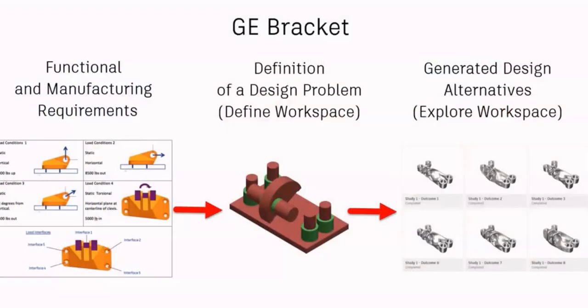So the first thing you have to do, and this works for any generative project that you have, is that you first need to understand your functional and your manufacturing requirements. What are the loading conditions that your generated part needs to handle? What are the forces? Where does it need to be constrained? Second would be to set up the geometry.